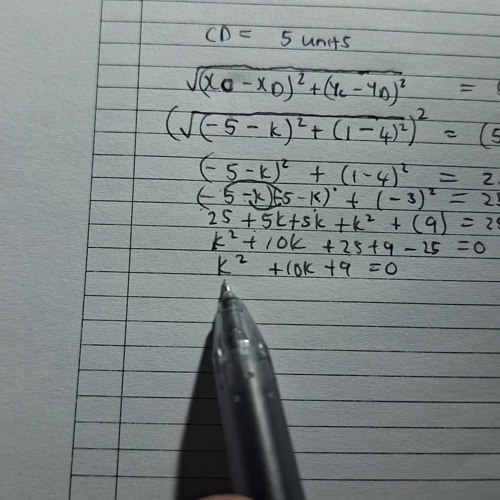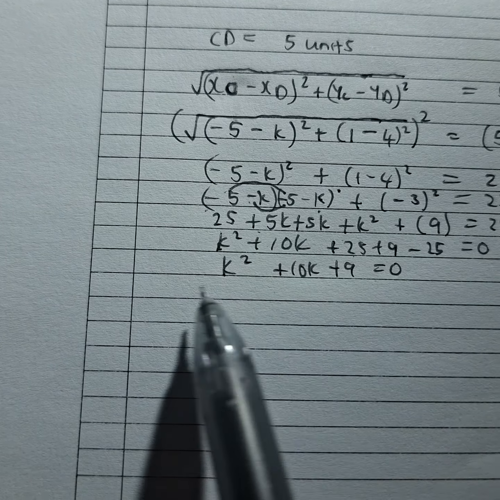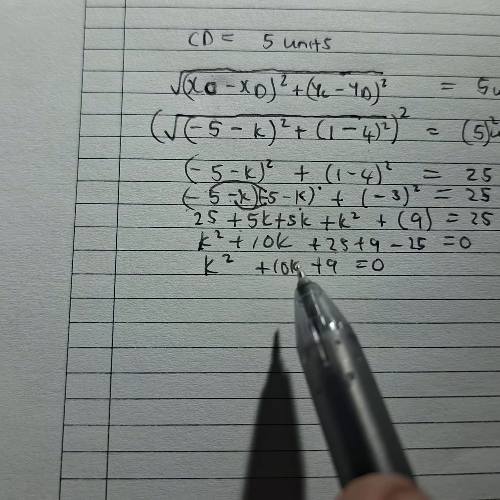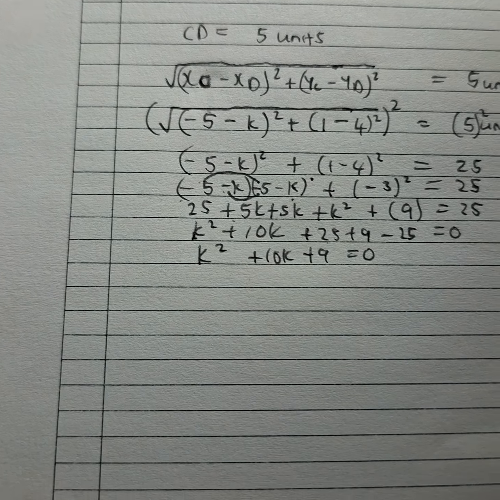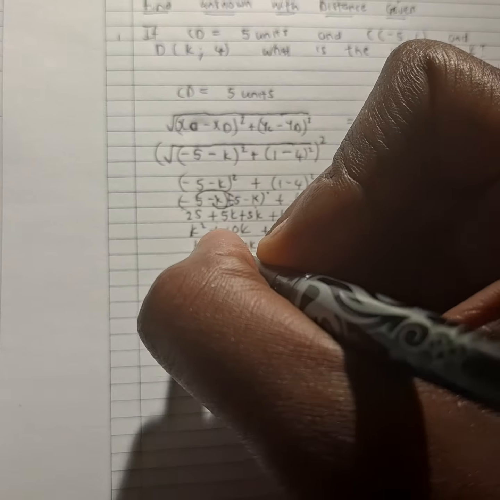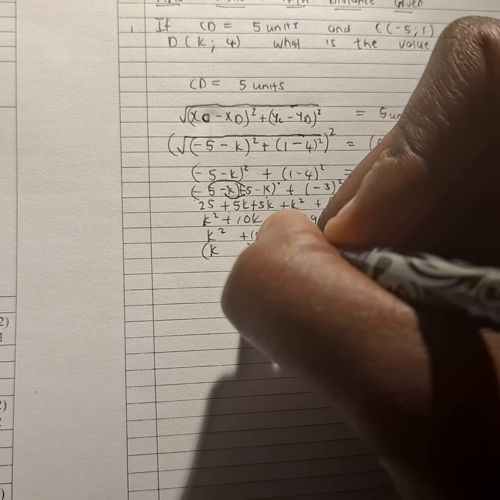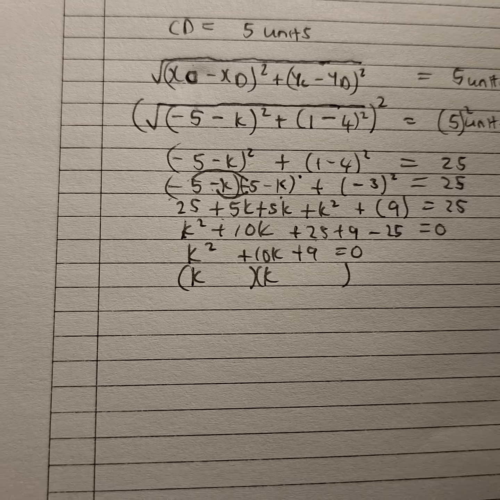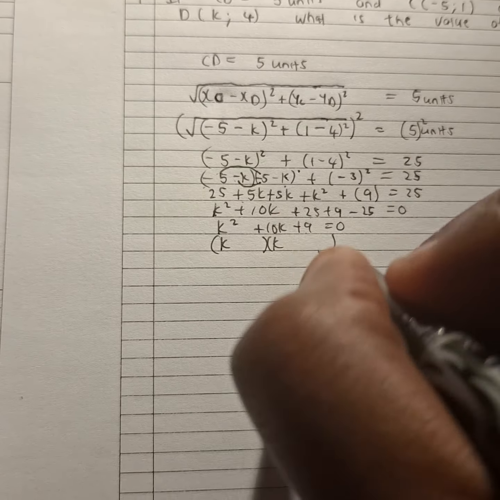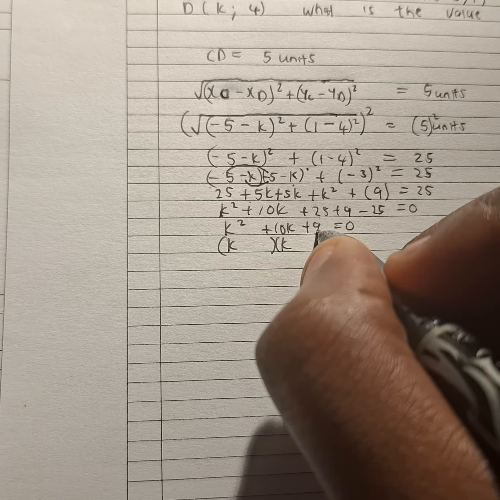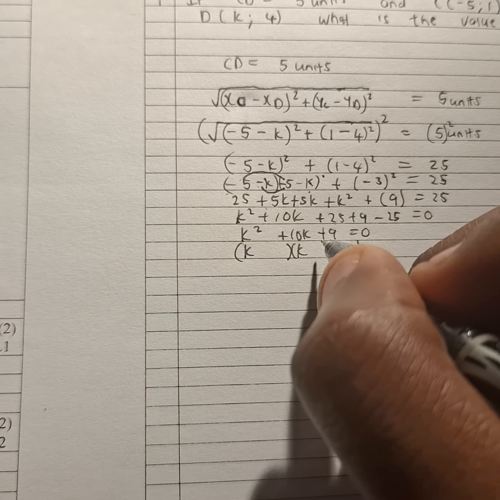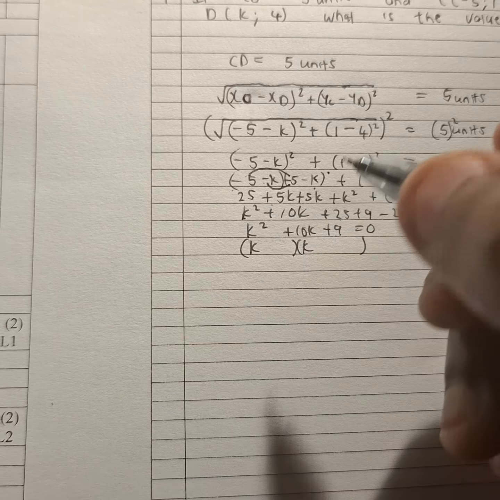Now in term 1 we did solving for an unknown when we have a quadratic equation. So what we need to do is factorize, applying the skills we learned in term 1. The factors of 9, which when I multiply together give me 9, and which when I add together give me 10.